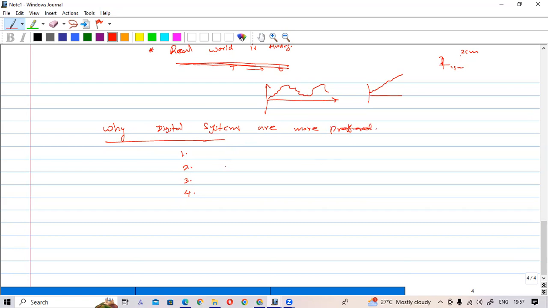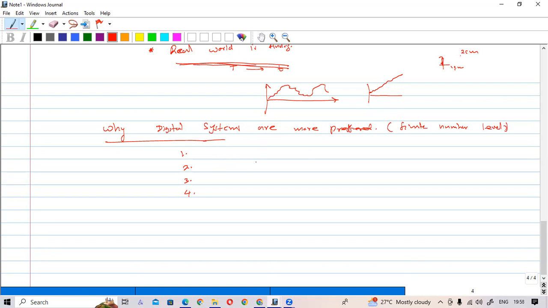So there are many reasons. The first one is that a digital signal has a finite number of levels, while an analog signal has an infinite number of levels.